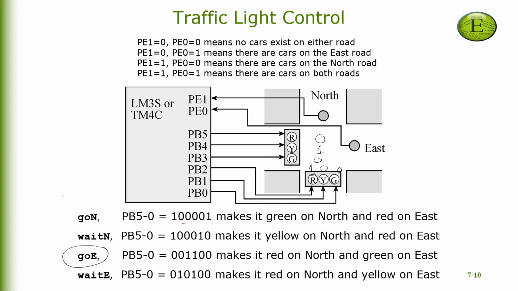This makes it 010 100. This corresponds to the wait E state. That is, we are signaling the east traffic to prepare for a stop or to wait. Therefore, from go E, we go to wait E, and then we go from wait E to go north.